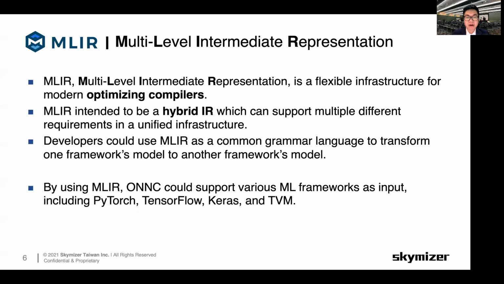By using MLIR, ONNC could support various machine learning frameworks as input, including PyTorch, TensorFlow, Keras, and TVM. So I think you have a basic idea about ONNC, Tiny ONNC, and MLIR.